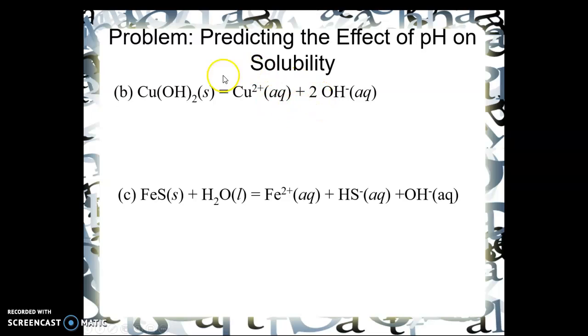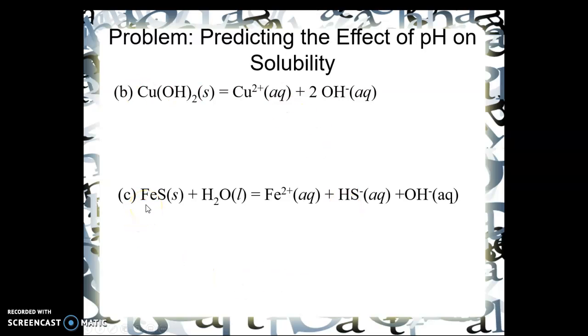It's kind of like the hydrogen ions are reacting with the copper 2 hydroxide, pulling the hydroxide ions away to make water. So yes, with these transition metal hydroxides, there will be a definite reaction, and by adding acid, you'll increase the solubility.